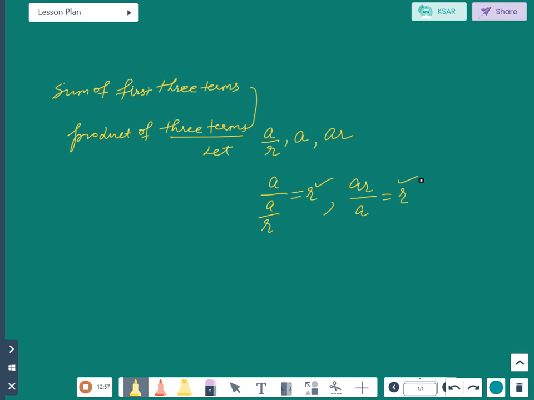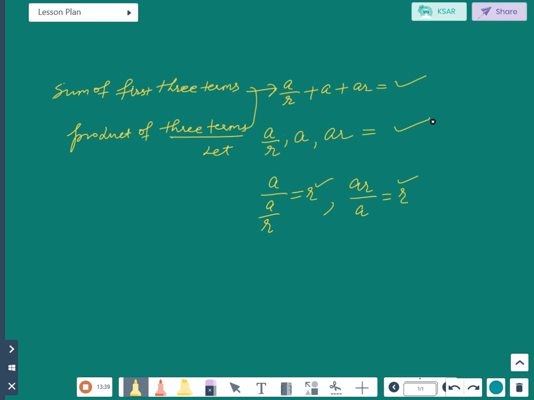That's why we can calculate the value of a, and the value of a we will place into the sum of 3 terms, which is also given, so we will calculate the value of a. Understood why we should consider the 3 terms like that: a by r, a, ar? The reason is for eliminating r in the product. If we use such a condition, then the r will be eliminated.